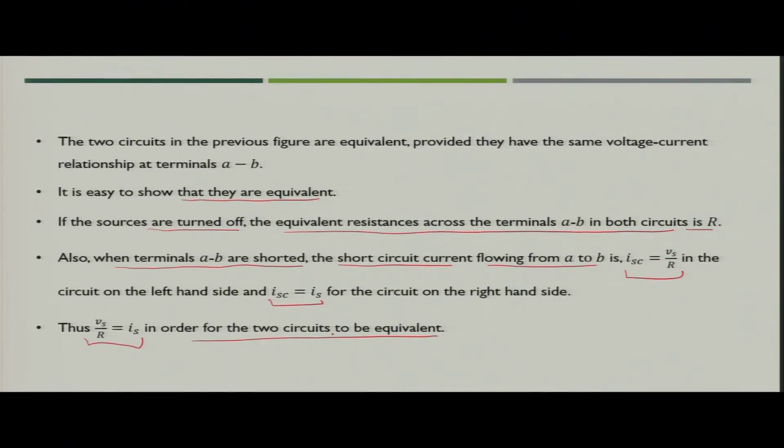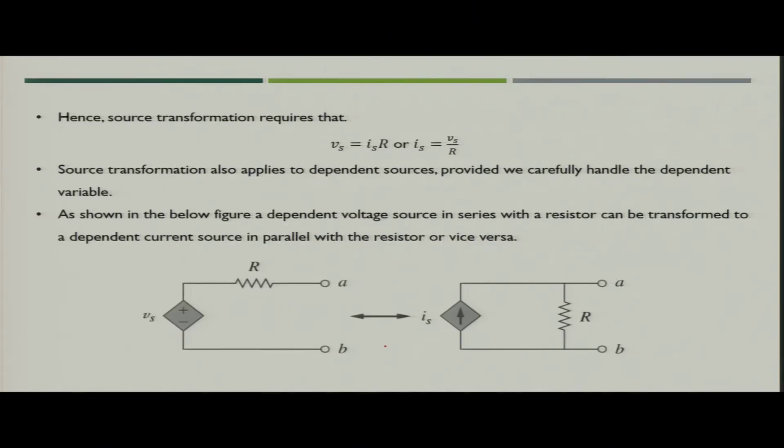Now we have established the relationship between the voltage source and the current source in both equivalent circuits. We can summarize that for source transformation, Vs is equal to Is into R, or Is is equal to Vs by R.